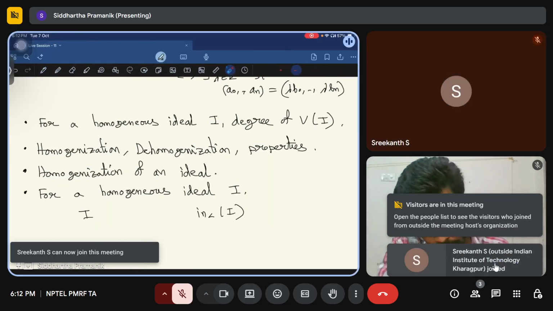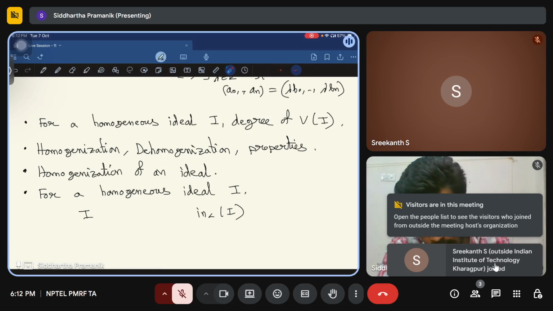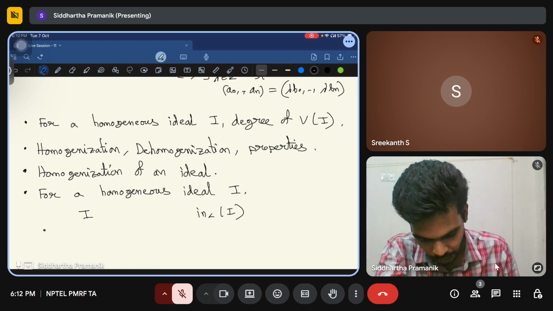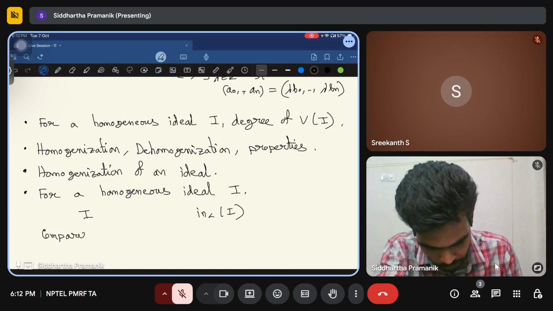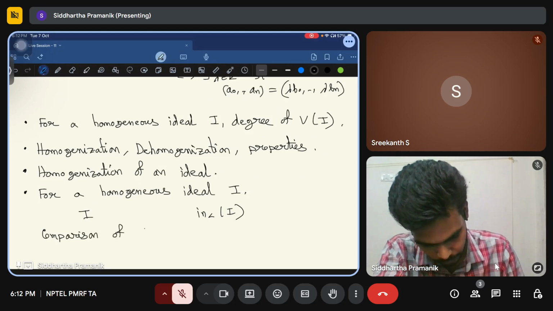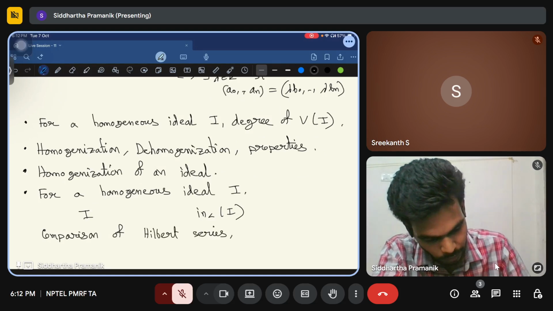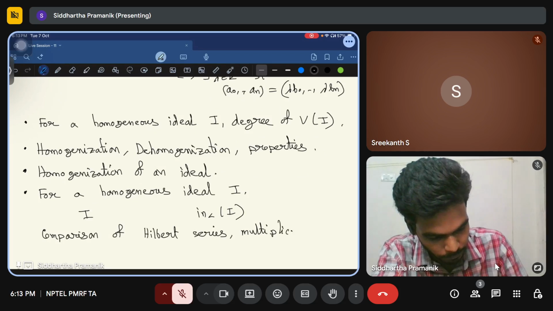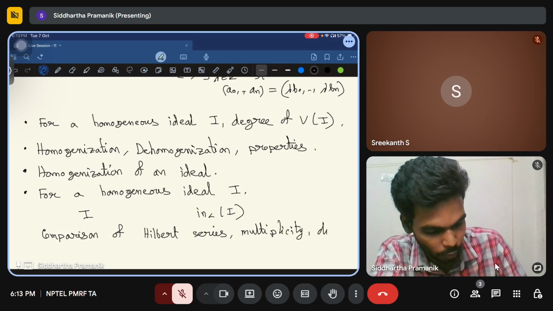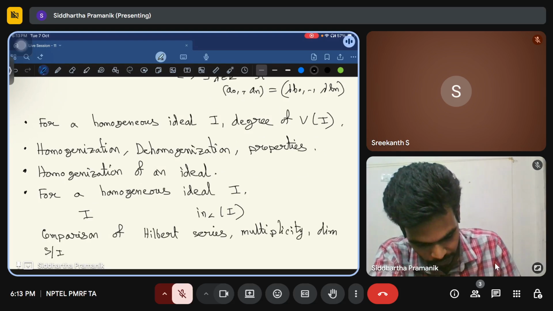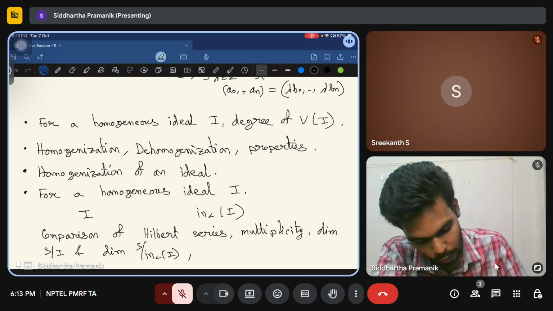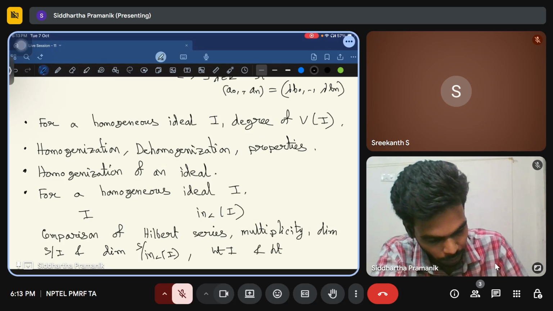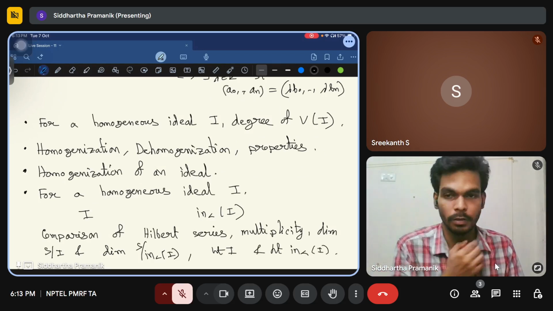We compared the Hilbert series, multiplicity, and the Krull dimension of S mod I and of S mod the initial ideal of I, and also the height of I and the height of the initial ideal of I. We compared these things.